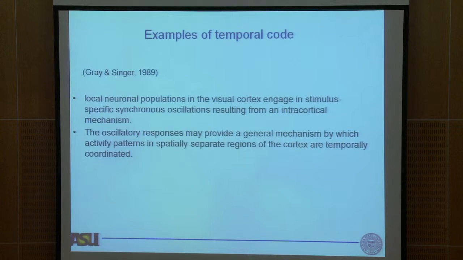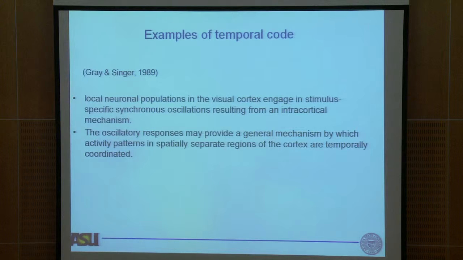And here's another example of the temporal code. This is a famous experiment from Gray's lab published in 1989. It indicates stimulus synchronous oscillation from neurons when a visual stimulus was presented to the monkey.